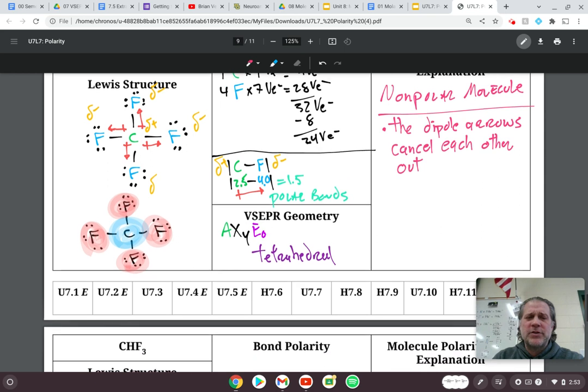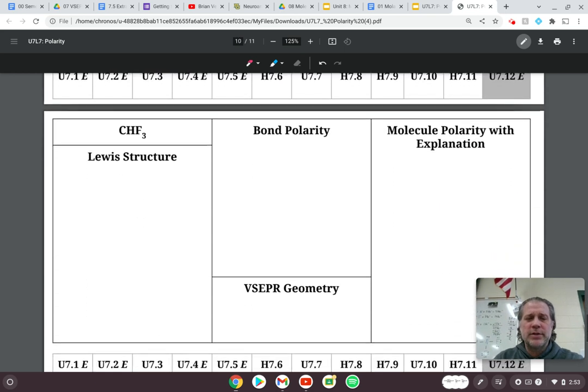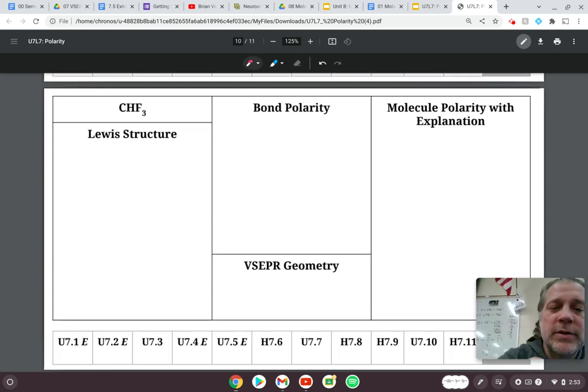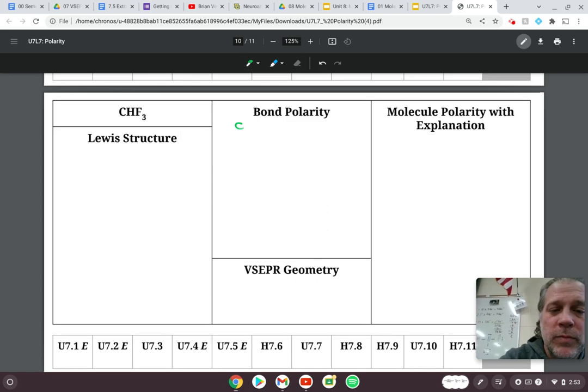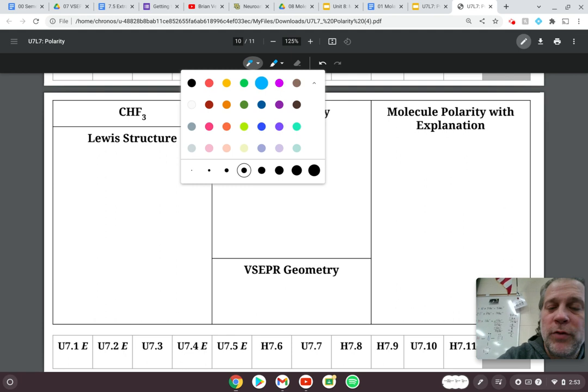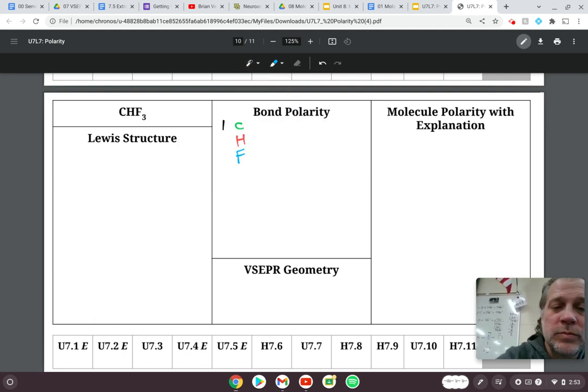But not every tetrahedral is nonpolar, and here's an example of how that could be the case. So again, I have carbon, I have hydrogen, and I have fluorine. I have one carbon times 4 valence electrons. I have one hydrogen times 1 valence electron.